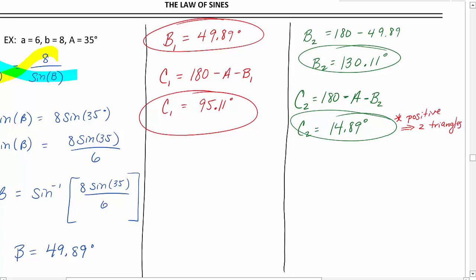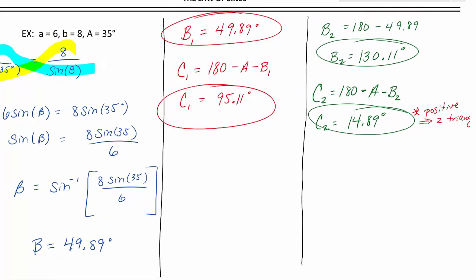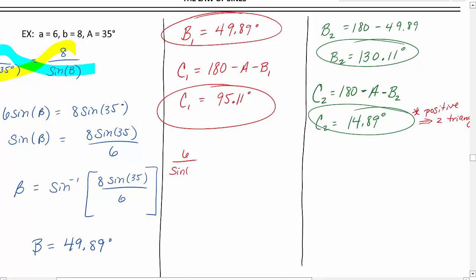All right, last thing we need to do is find side C for both of these situations. To find our side C, we're going to use our known pair, 6 over sine of 35. And that's going to be equal to our side C1 over sine of 95.11 degrees, and we'll cross multiply to solve. 6 sine of 95.11 equals C1 times sine of 35.